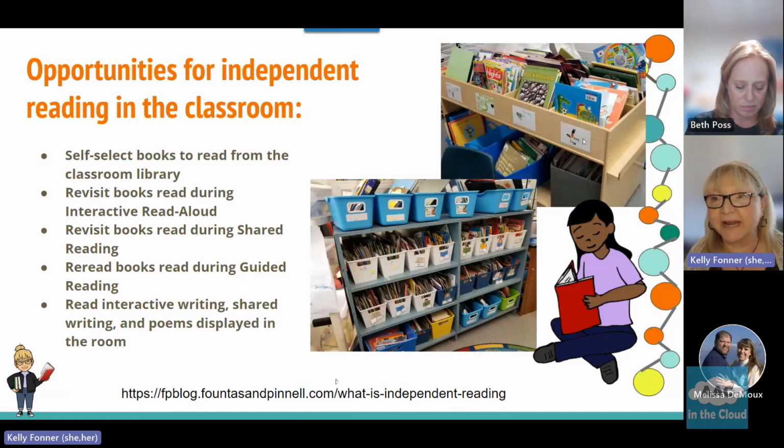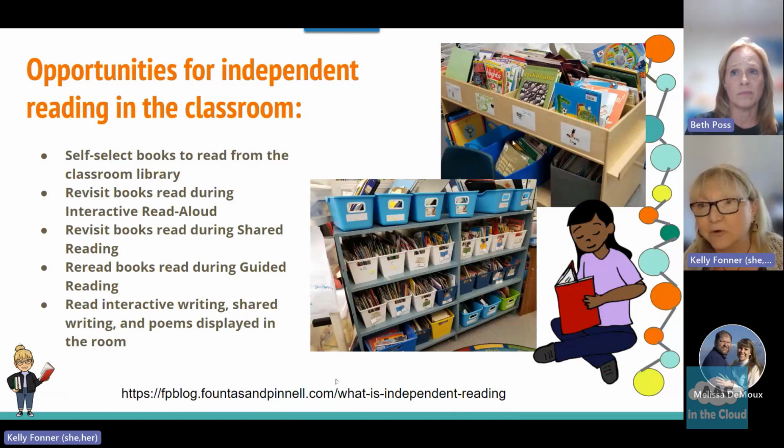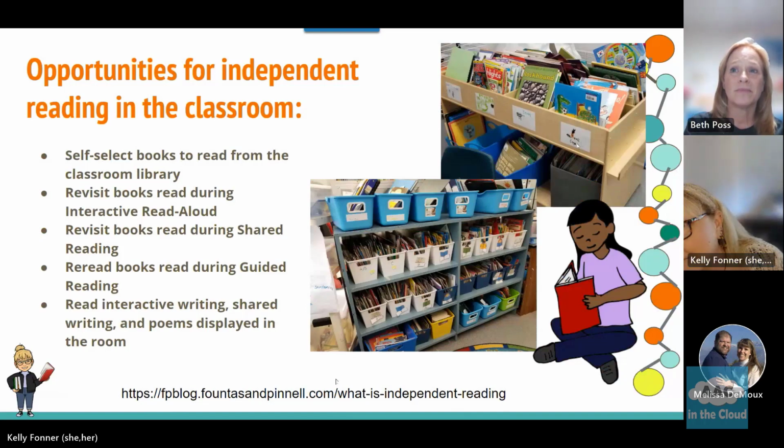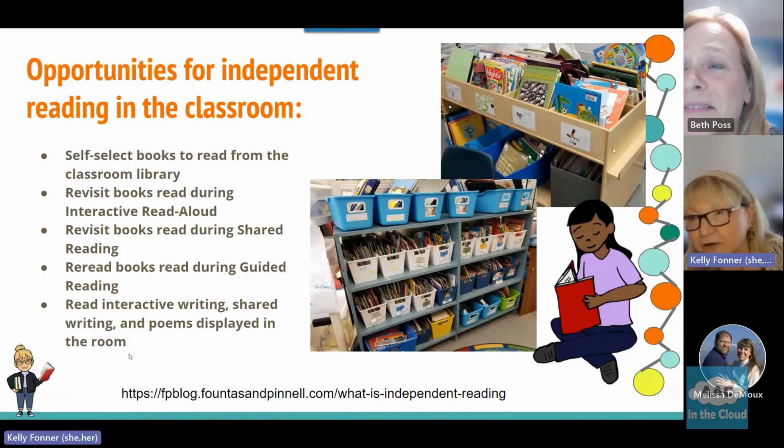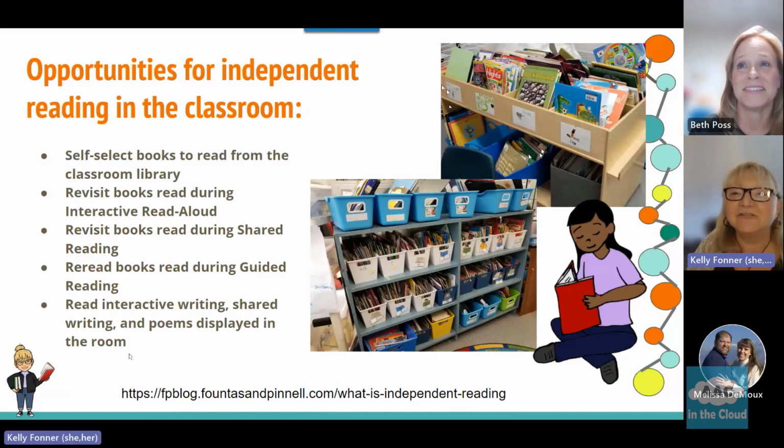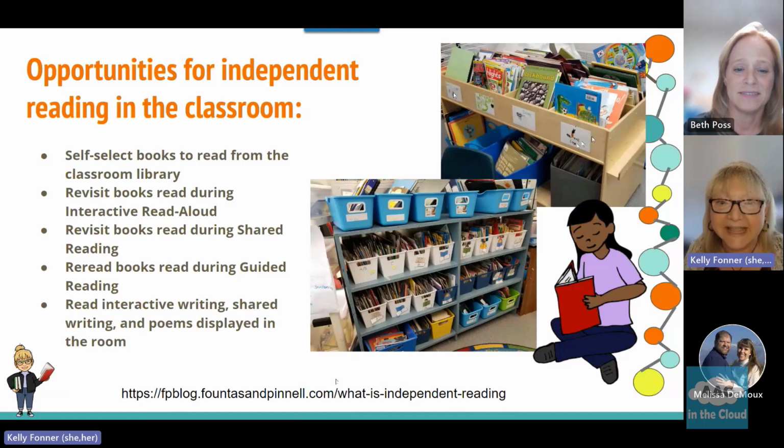And in the upper right-hand corner is a picture of one of her book bins, and I can't even read all of these because the kids labeled them. So there's one that's all about bears, and another one, oh, I wish I could read it, mothers, I don't know, dinosaurs. And so it's kids using their inventive spelling to label it.